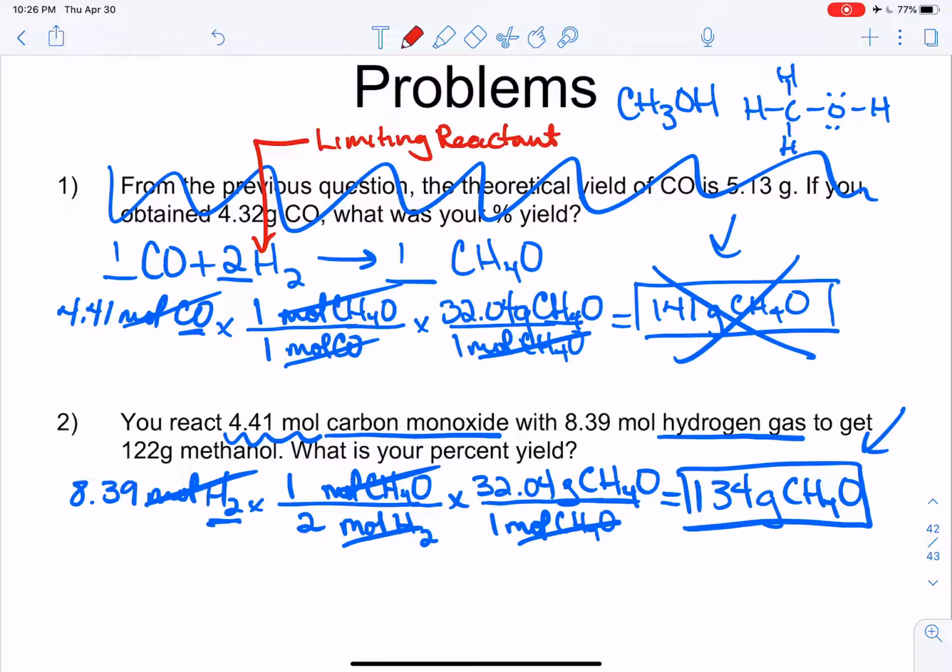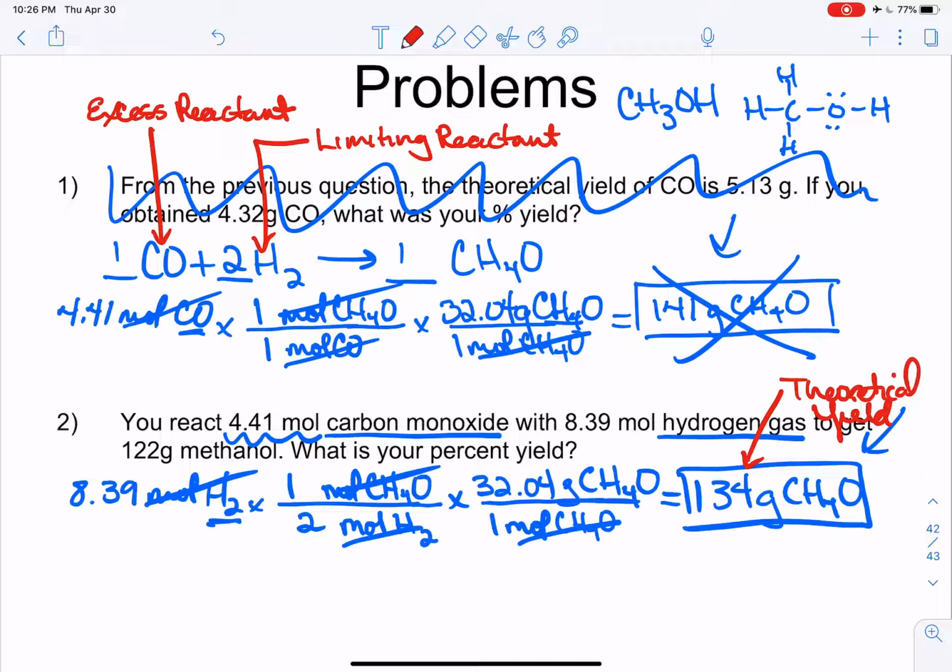That means that we have excess carbon monoxide. Okay, so that means that this right here, that is our theoretical yield. In theory, that's the most that we can make.